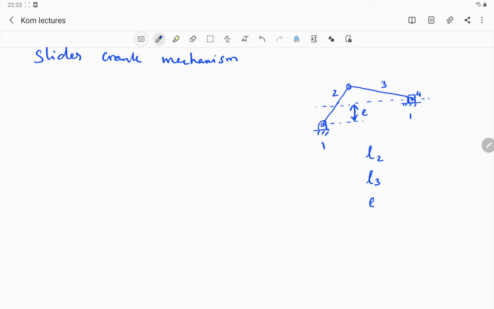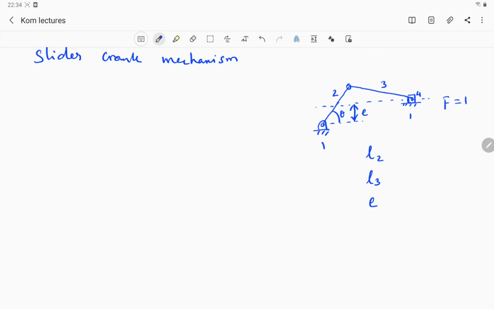Say we know E as well. So these are the things which will not change. Now in order to define the input motion, for this case F is equal to 1, right? That independent variable to define the configuration, the independent variable which I am going to choose is theta.